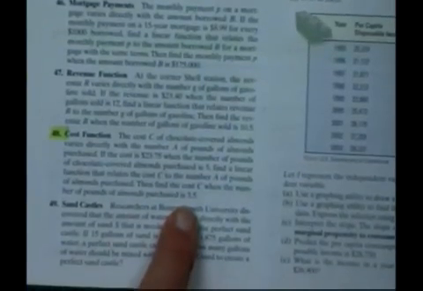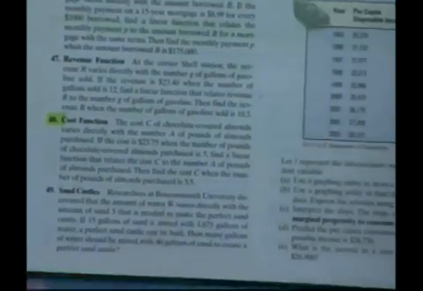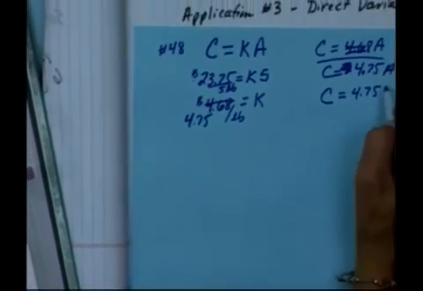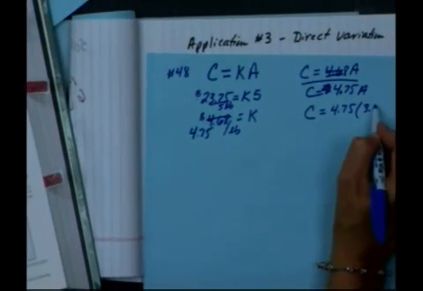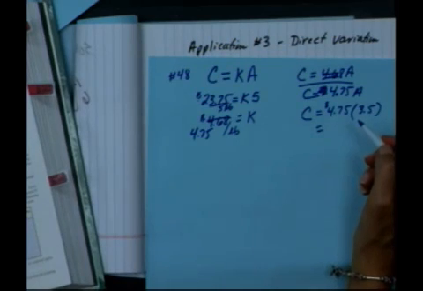Find the cost when the number of pounds purchased is 3.5. Where do I stick in a 3.5? Next to the 4.75. Okay, that's number of pounds. So we're looking for the cost when the number of pounds A is 3.5. And somebody multiply that out for me.